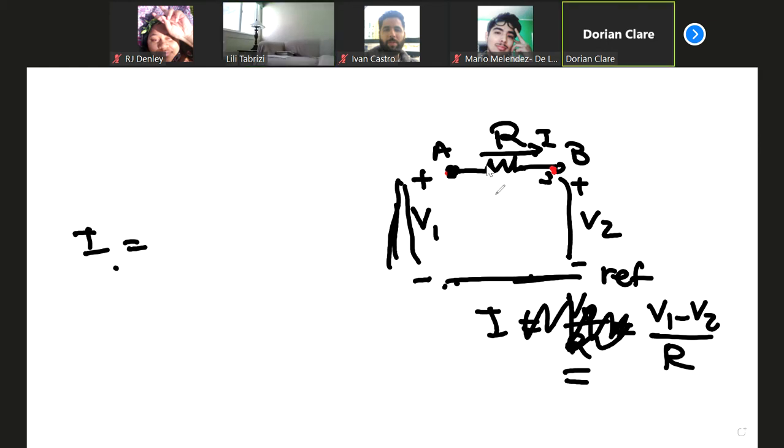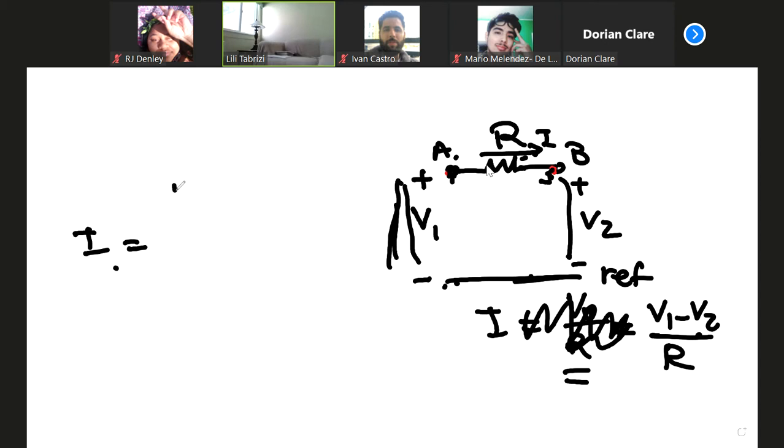I was looking at V1 and V2. What is V1? V1 is the voltage at node A. What is V2? Voltage at node B. I goes from A to B. So what is your shortcut observation?